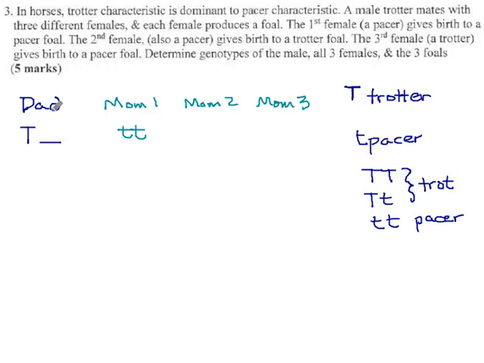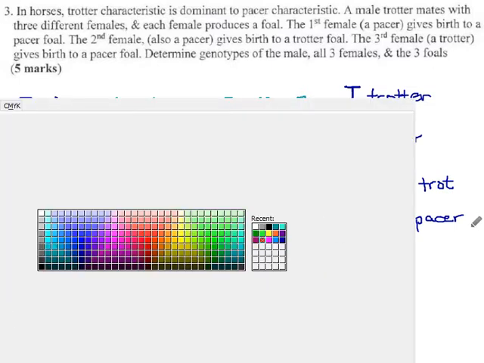No question about her genotype. That's helpful. The second female is also a pacer. And the third female is a trotter, which means she's the same as dad. She's big T, don't know. So that's what we're given about the parents.